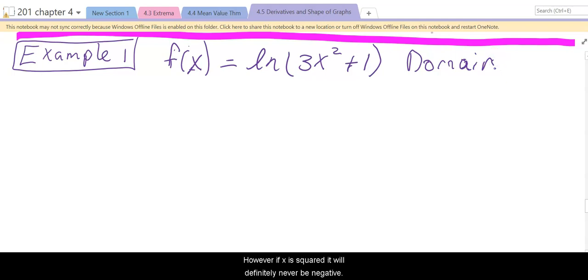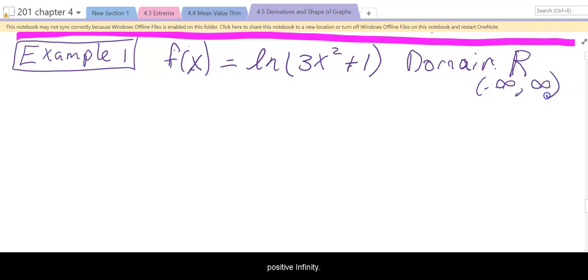However, if x is squared, it will definitely never be negative. Is there any value that would cause the 3x squared plus 1 to be 0? There's not. This means that the domain of this function, even though it is natural log, is actually all reals, or negative infinity to positive infinity.